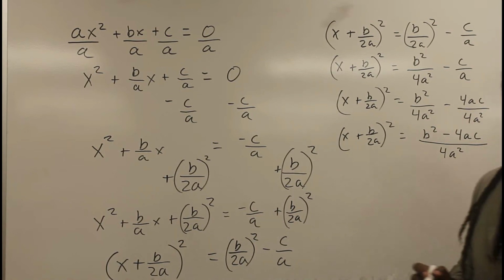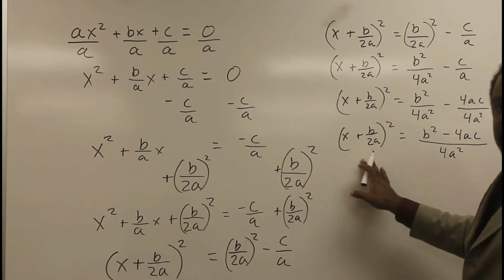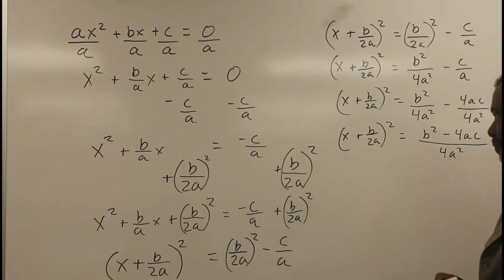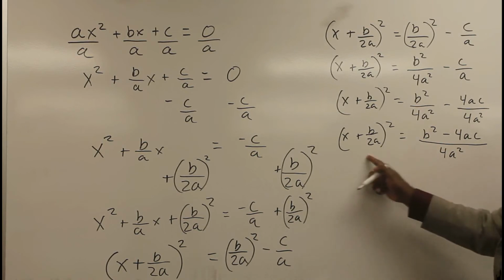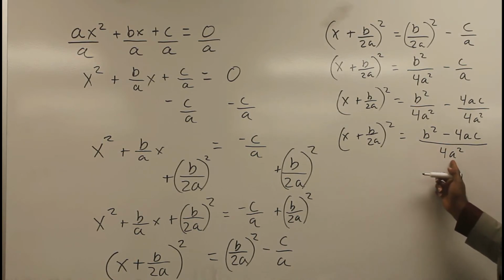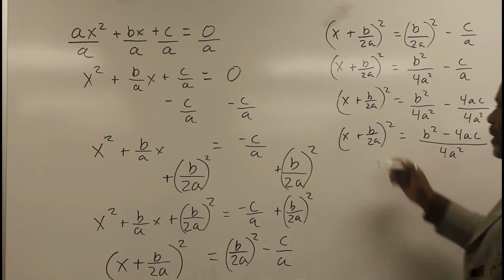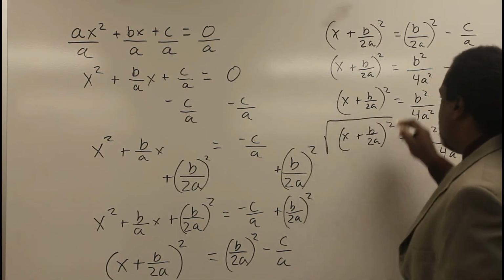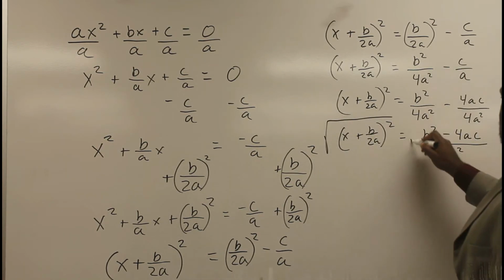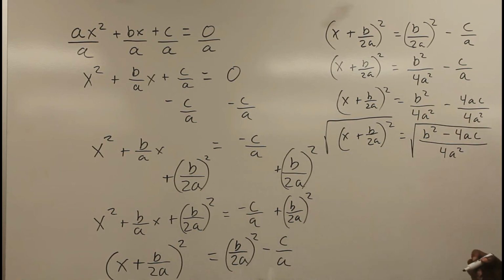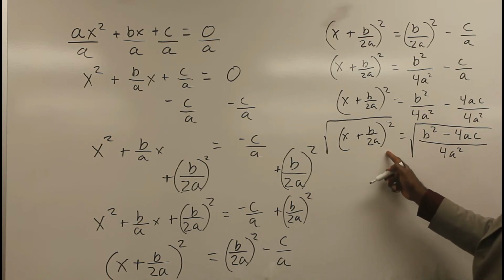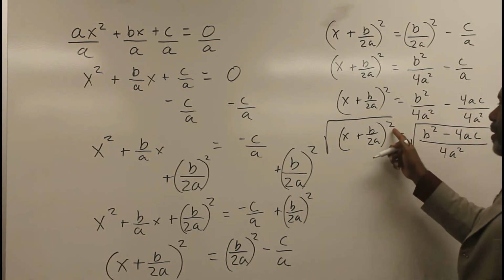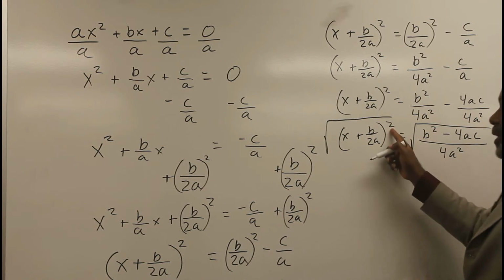Now I'm at the point where I'm finally ready to do something with this. What I'm ready to do is take the square root of both sides of this equation. Take the square root of the left side and the square root of the right side. When I take the square root of this side, basically the exponent of 2 just goes away.